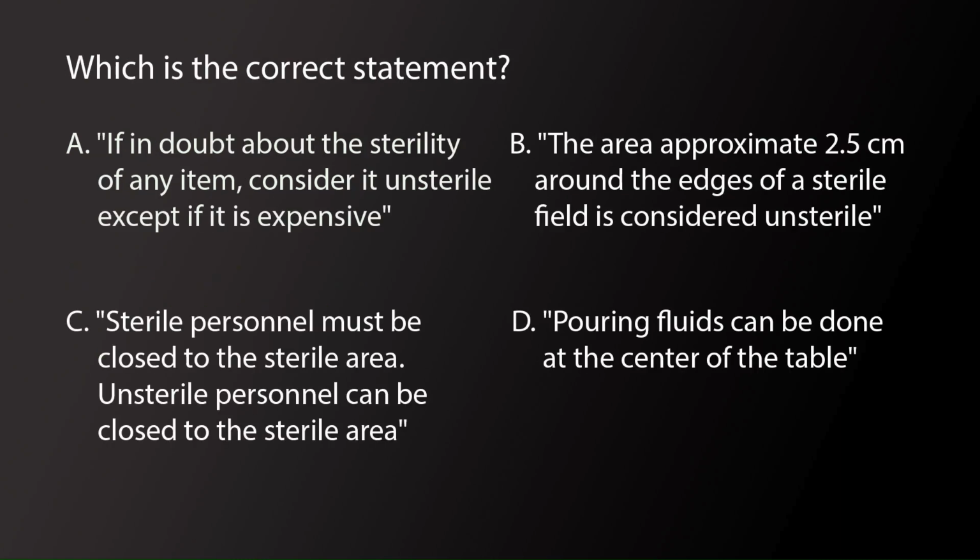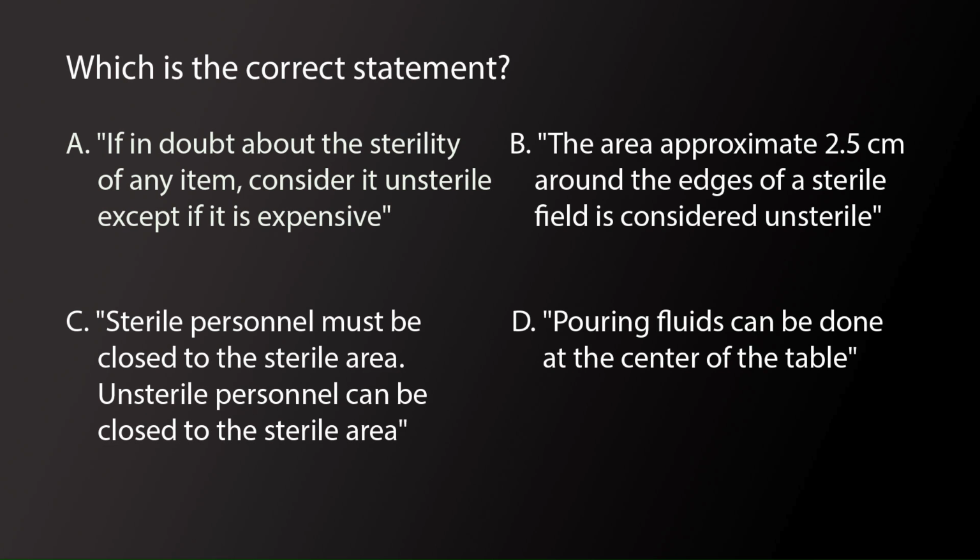Next question. Which is the correct statement? Option A, if in doubt about the sterility of any item, consider it unsterile except if it is expensive. Option B, the area approximately 0.5 centimeters around the edges of a sterile field is considered unsterile.